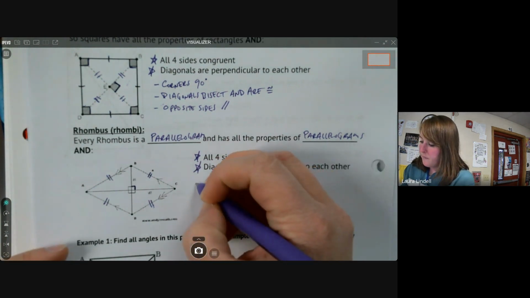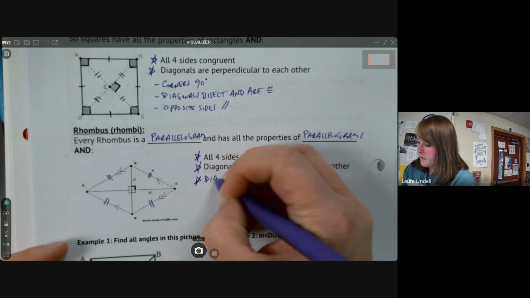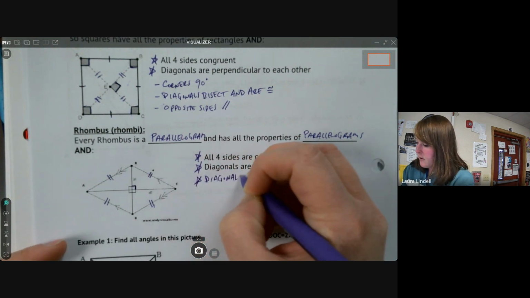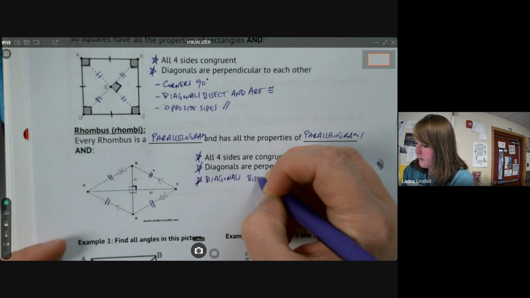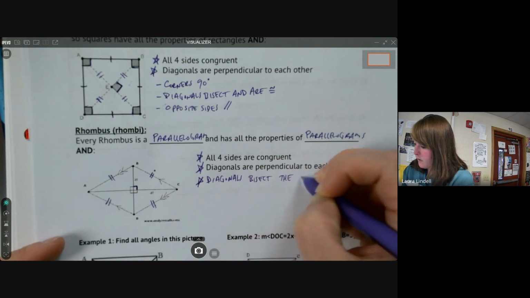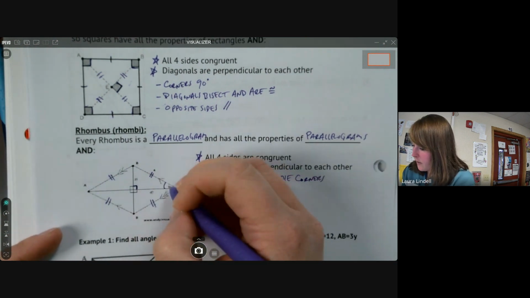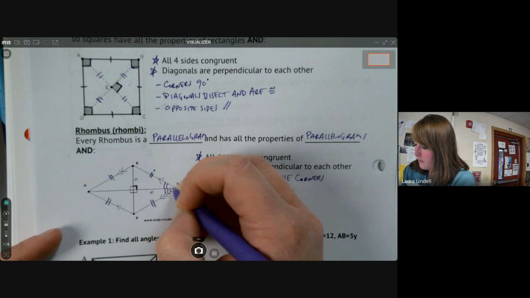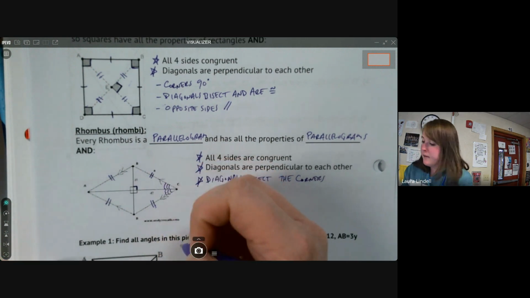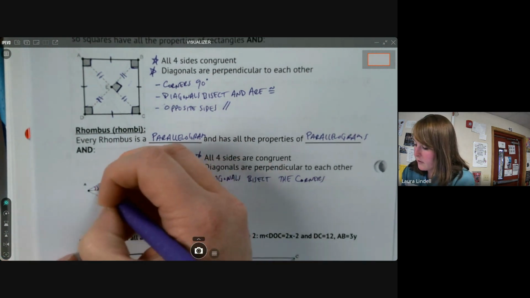Another property is that the diagonals bisect the corners. So what that means is that this diagonal cuts this corner into two equal pieces, like that. And same with this one, it cuts the corner into two equal pieces.